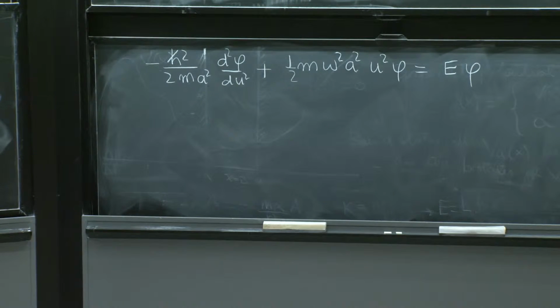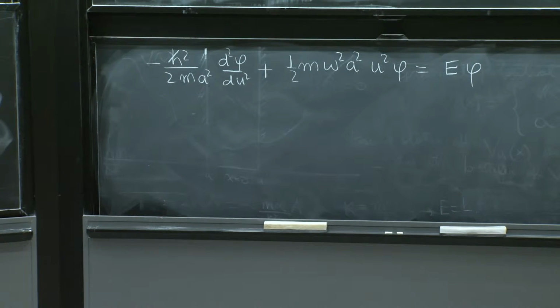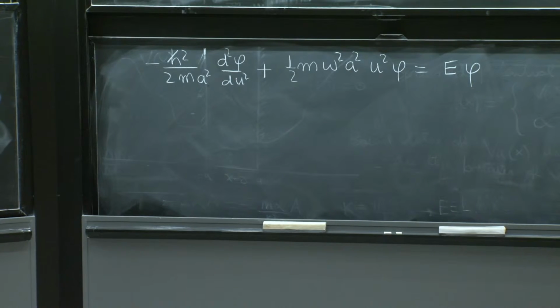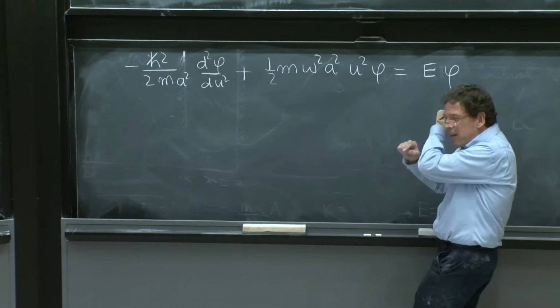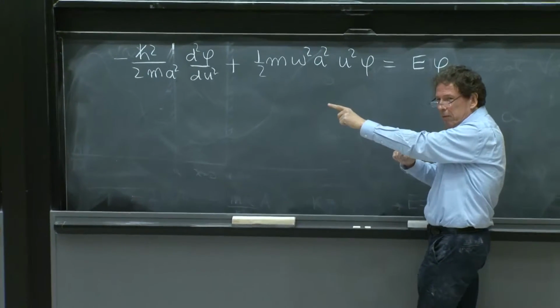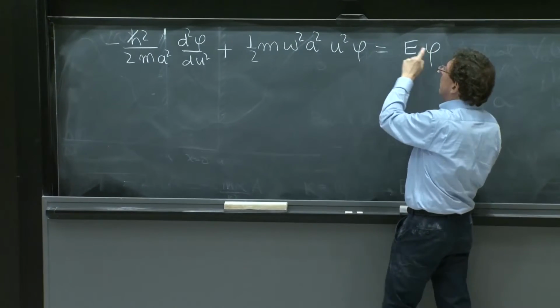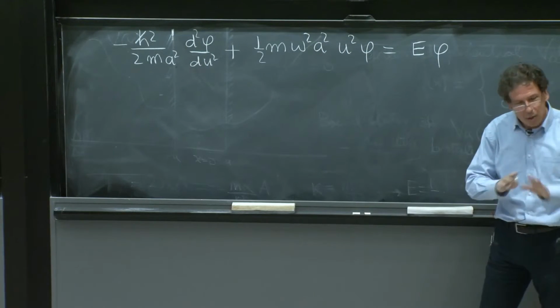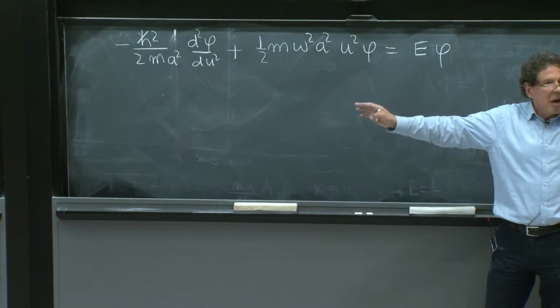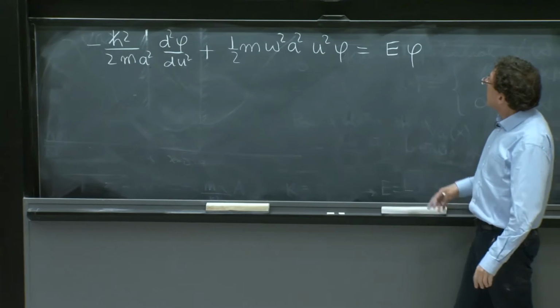Now things have to work nicely. If you did the job well, they have to work nicely. Let's think of the units of this equation. Phi is here, phi is here, phi is here, so phi is not an issue. The units of phi are irrelevant.